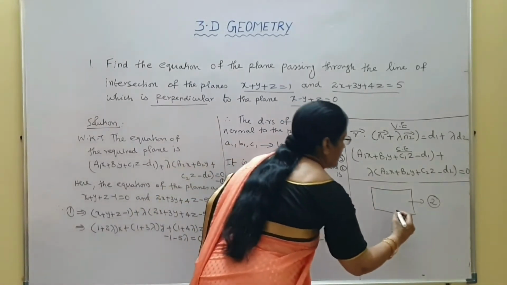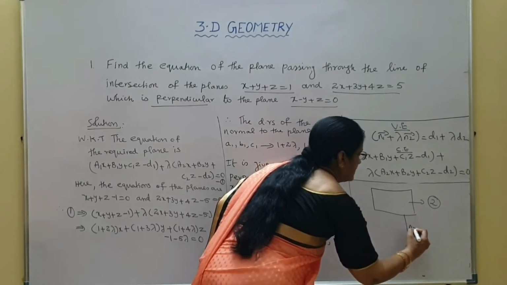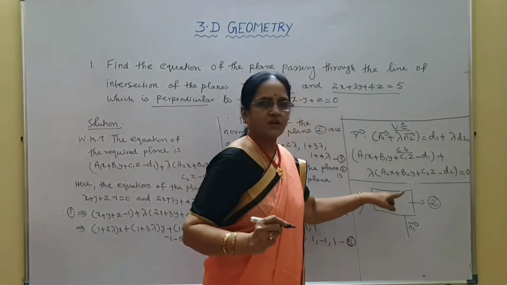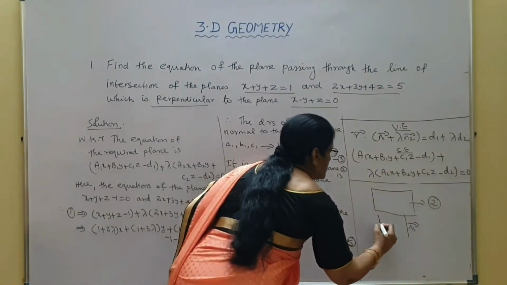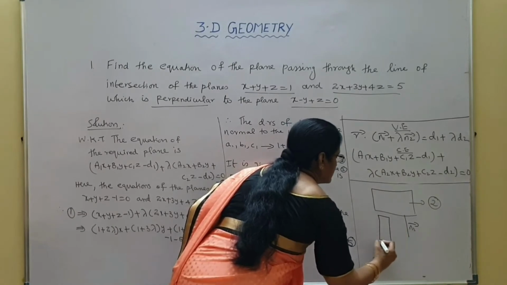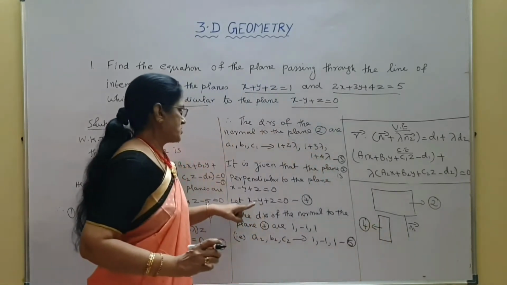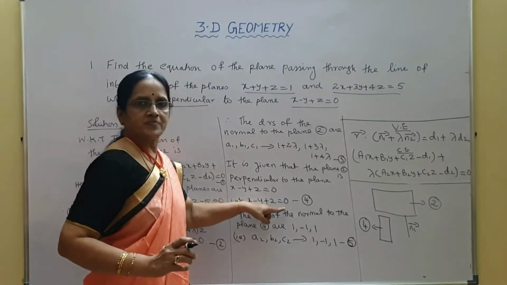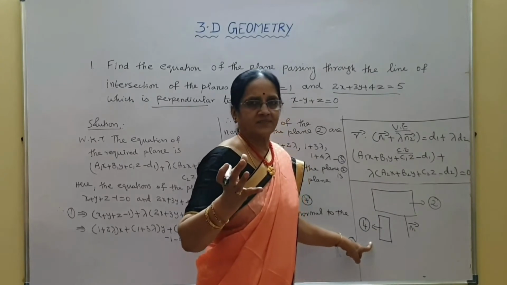Let n1 vector be the normal to the plane. What else is given? The equation of the plane 4. This is the equation of the plane 4, that is x minus y plus z equal to 0. This plane 2 and 4 are perpendicular to each other.